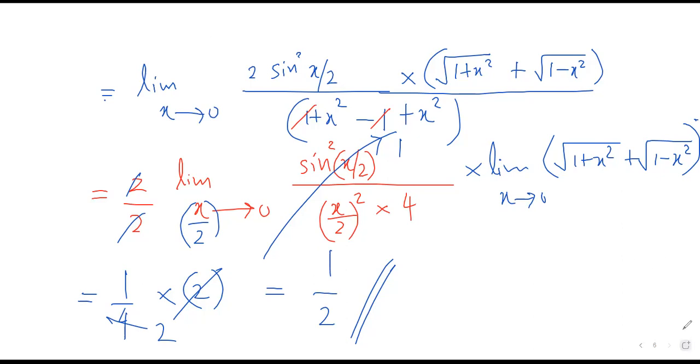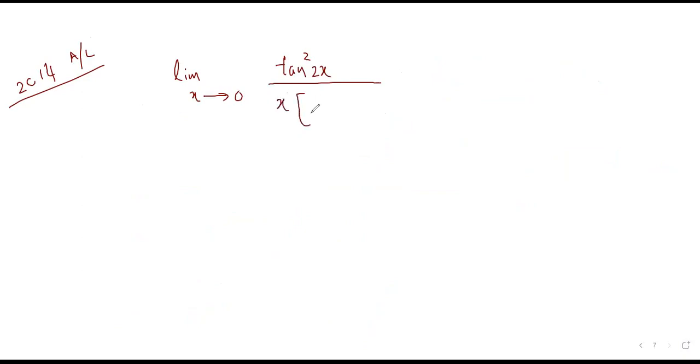Okay, Afla, good. Then we will do 2014. Tan squared 2x over x into 1 minus square root of 1 plus x. 1 plus x, not x squared.